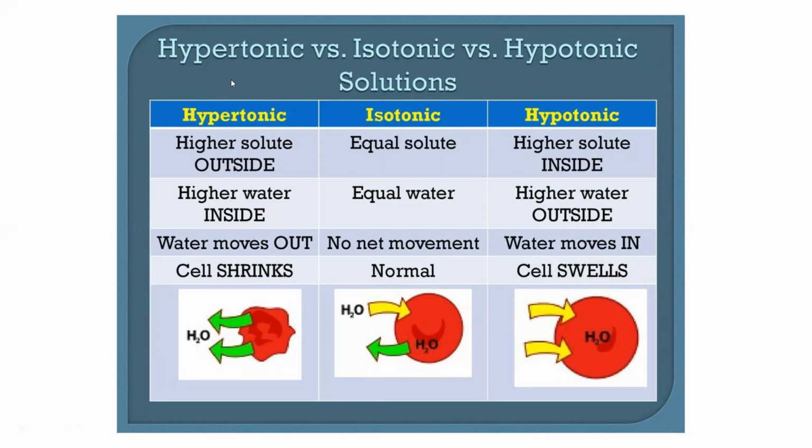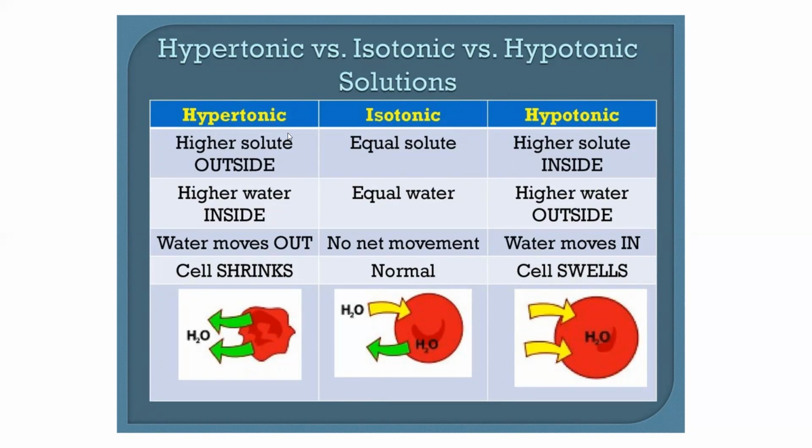So if you put a cell in a hypertonic environment where there is a high amount of solute, and oftentimes when I think of solute, I just think of salt. I think it's a good analogy, and oftentimes even in our bodies, the saltier the environment, the more hypertonic it's going to be.